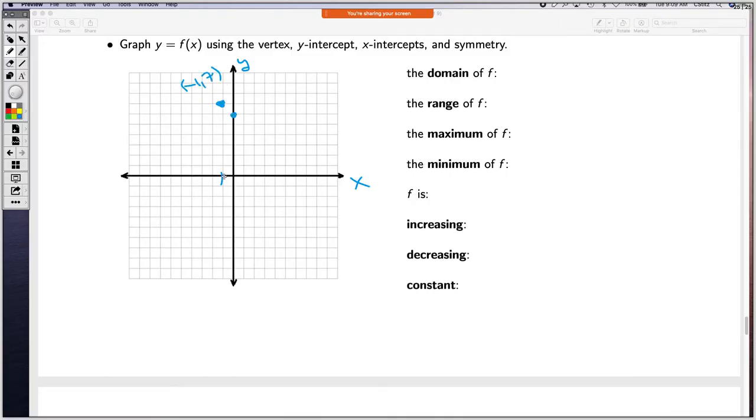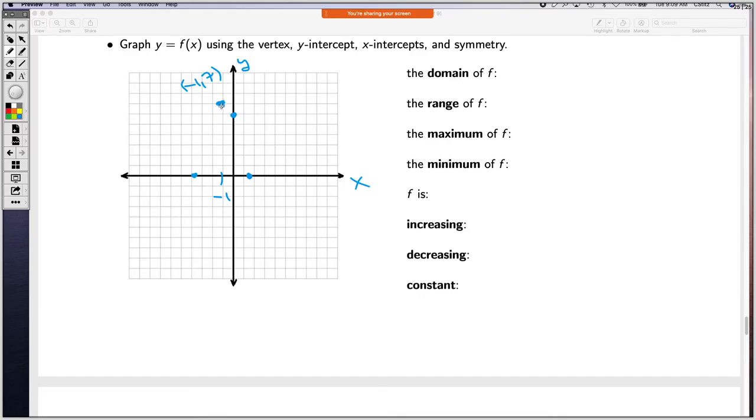And then the x-intercepts are -1 plus or minus 2.5-ish. So 1, 2, and a little bit. And now I connect them with a pleasing shape.